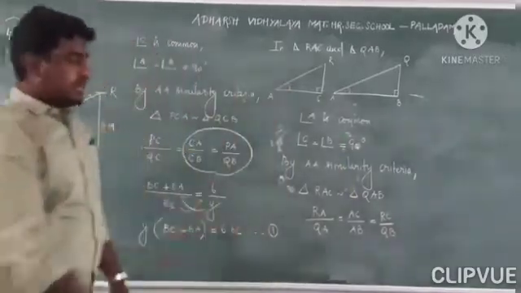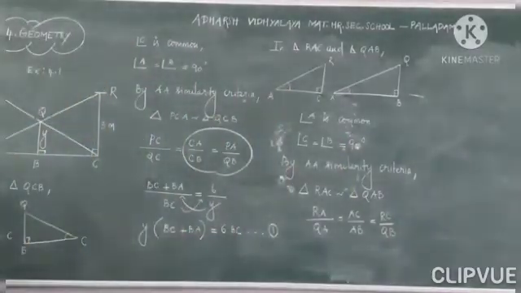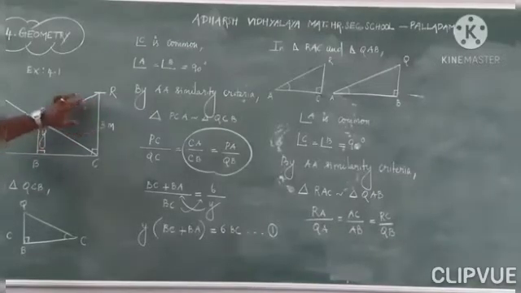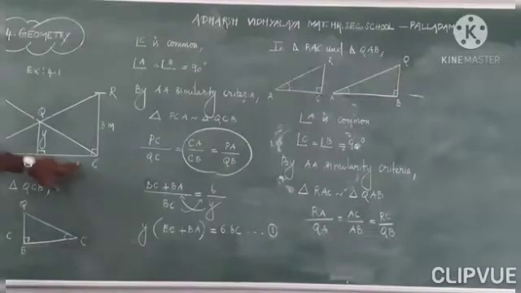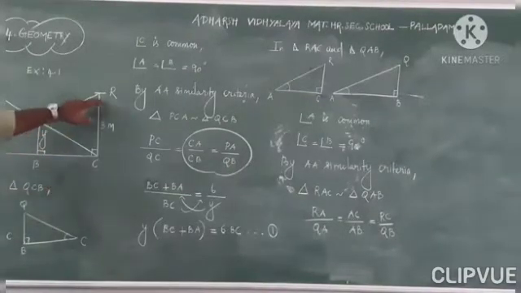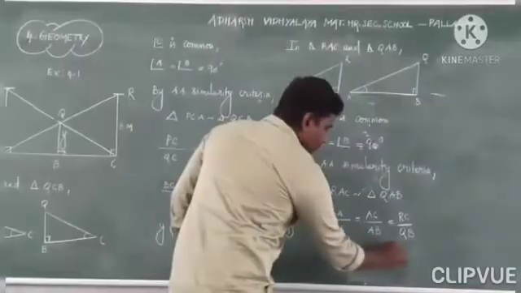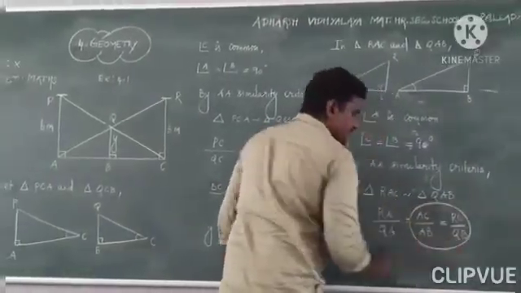What are the values? First, RA and QA values are not given, so do not consider that. Move to the second one. AC is equal to AB plus BC, RC is given as 3 meters, and QB is Y.